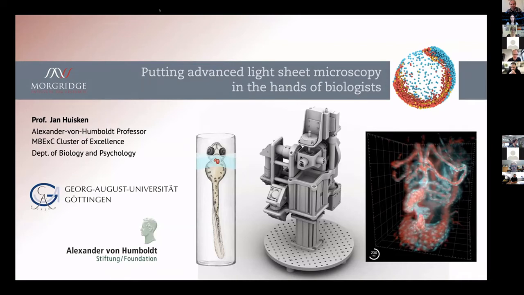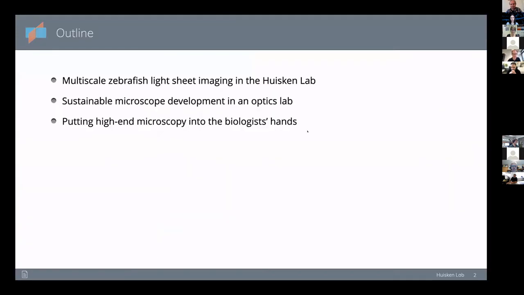So I'll first talk a little bit about how we've used light sheet microscopy in the lab, give you some examples, and then share some thoughts with you about how we think we could do microscope development more sustainably in an optics lab, and then in the end talk about Flamingo and shareable microscopy.